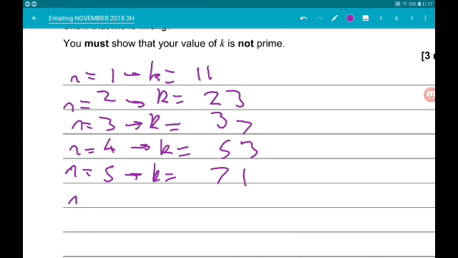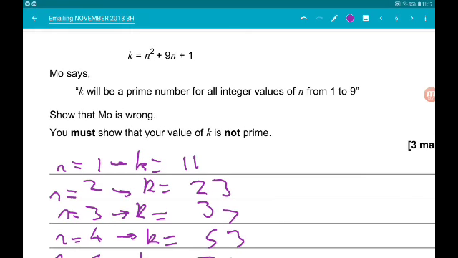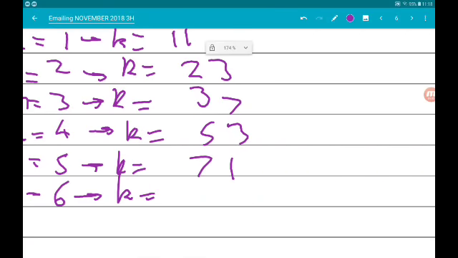When n is 6, k is 36, add 54, add 1, so 36 add 54 is 90, add 1, now that gives us 91.